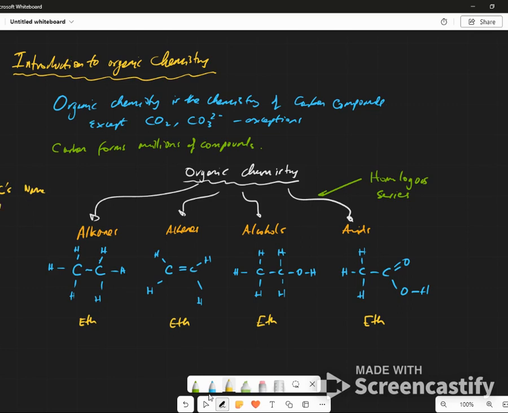If you have 1 carbon, 2 carbons, 3 carbons, 4 carbons, 5 carbons, that's all we've got to know about, really. If it's 1 carbon, it's meth. If it's 2 carbons, it's eth. If it's 3 carbons, it's prop. If it's 4 carbons, it's but. And if it's 5 carbons, it's pent. These are the only ones that we've got to know about. These are all 2 carbons, so these are all eth.